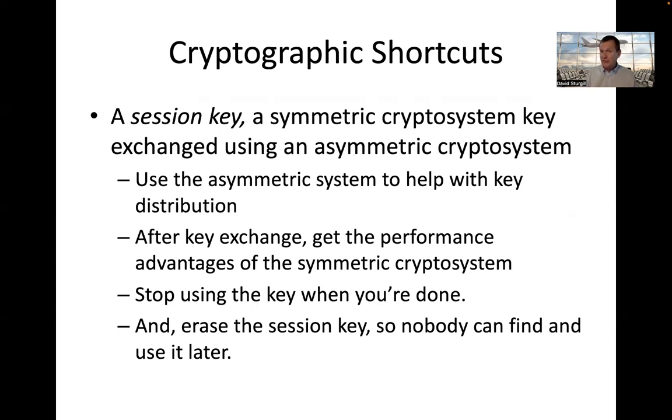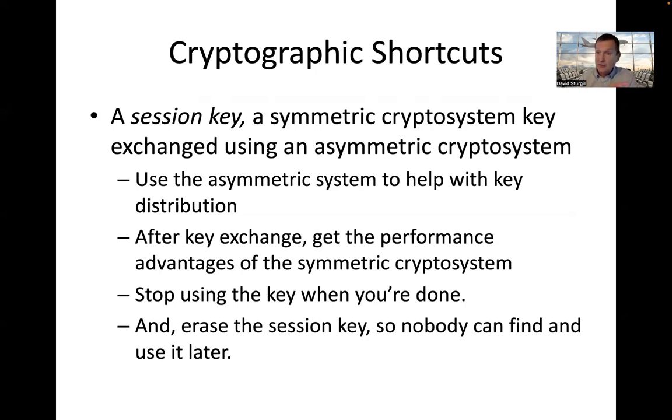Other users shouldn't be able to decrypt it, at least not without a lot of work. But you can generate this session key so that it's a symmetric session key. You can use it with those much cheaper symmetric crypto systems. So even though it'll cost a little bit to pick this key and to share it, all subsequent communication should be cheap.